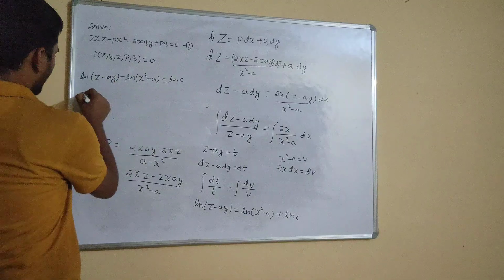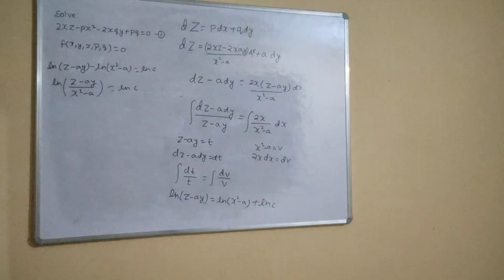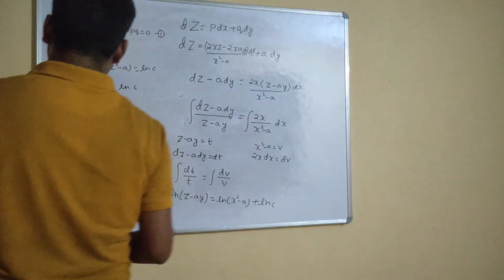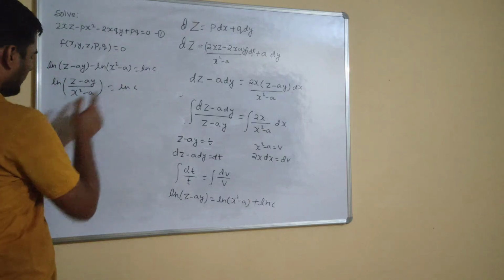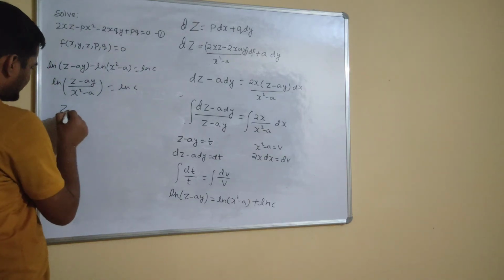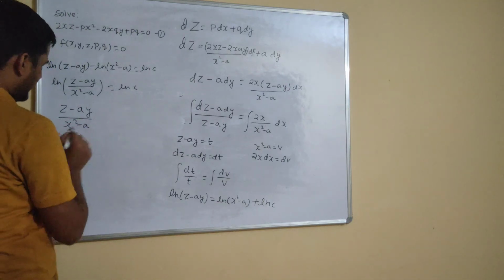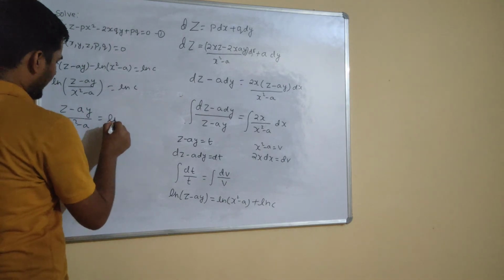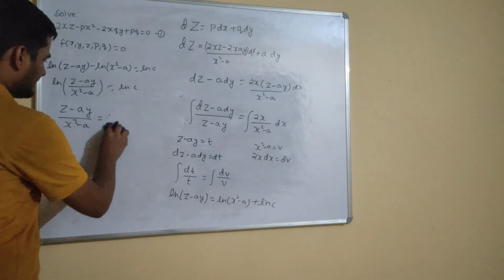Now log a minus log b is log a by b. So after using the properties of log, I can now remove log from both sides. So I get z minus ay divided by x square minus a equals to c, log is being removed.